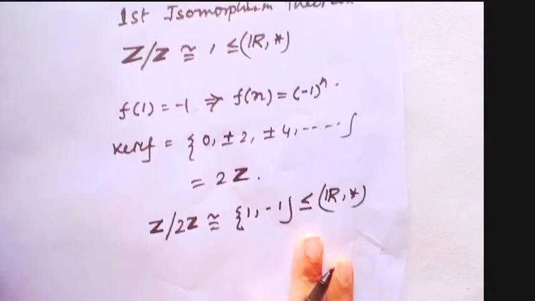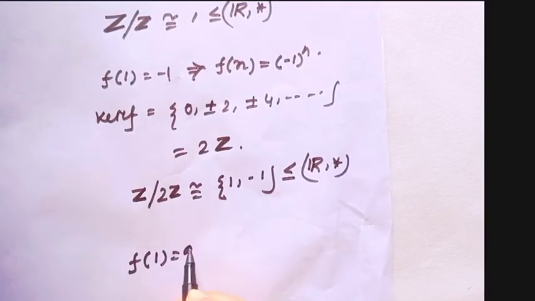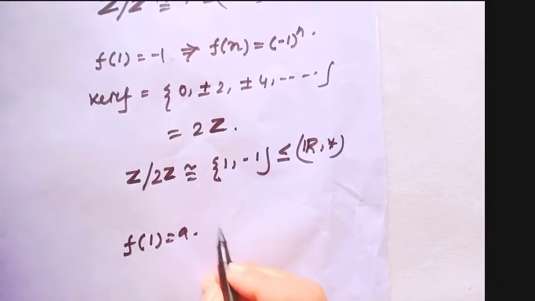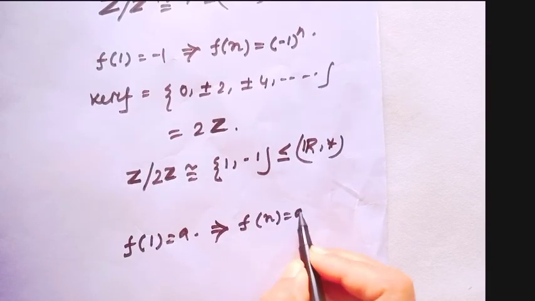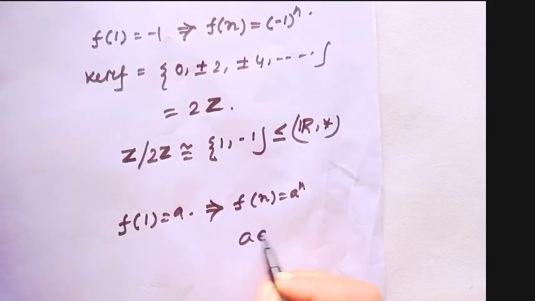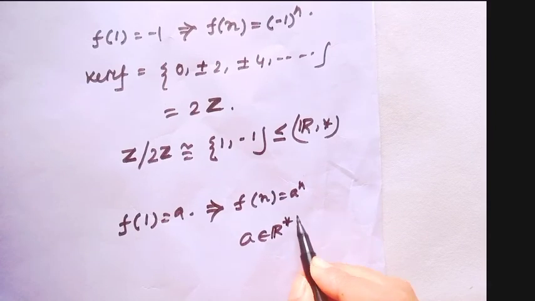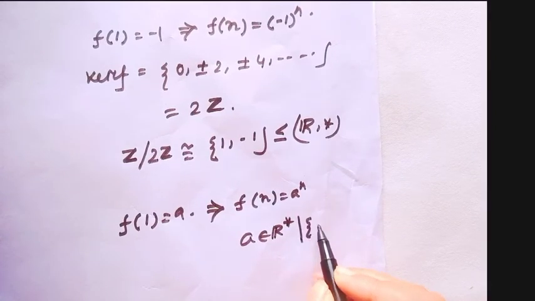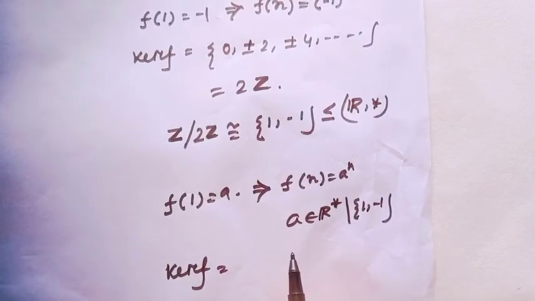Okay? Now if you consider f of 1 equal to a, then that implies f of n equals a to the power n, where a belongs to the non-zero real numbers omitted with 1 and minus 1. Then what would be the kernel of f? Only a to the power 0 equal to 1.